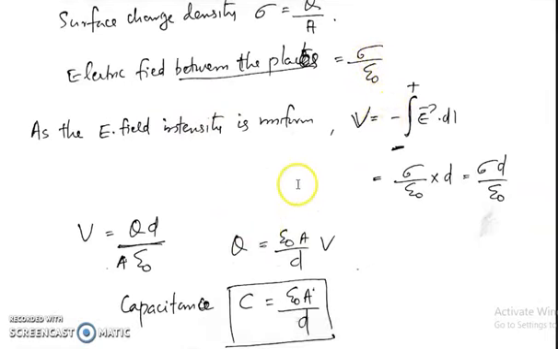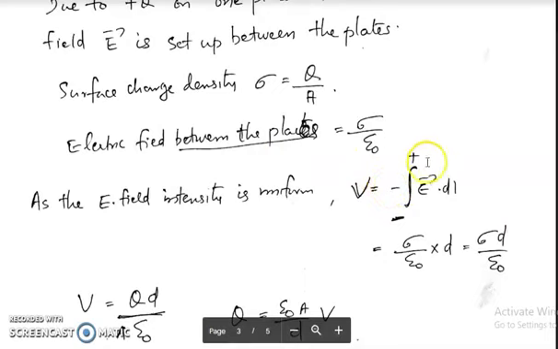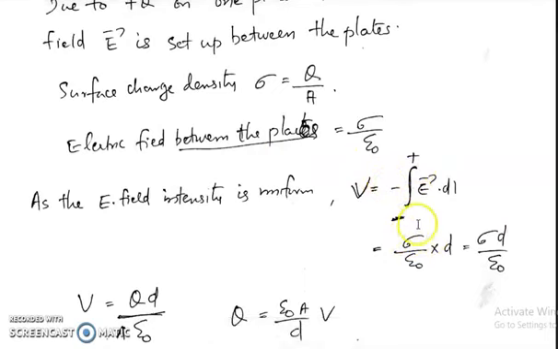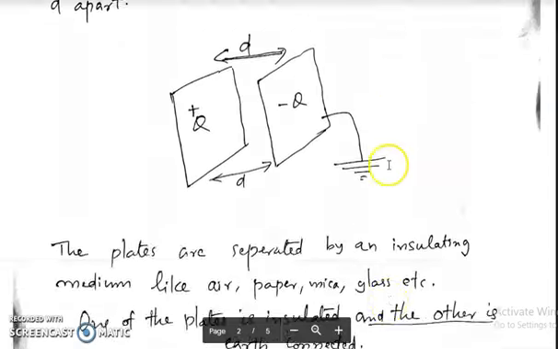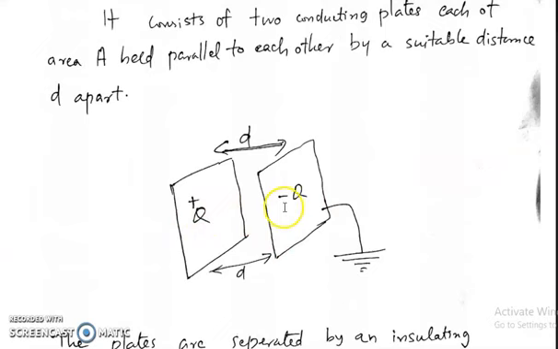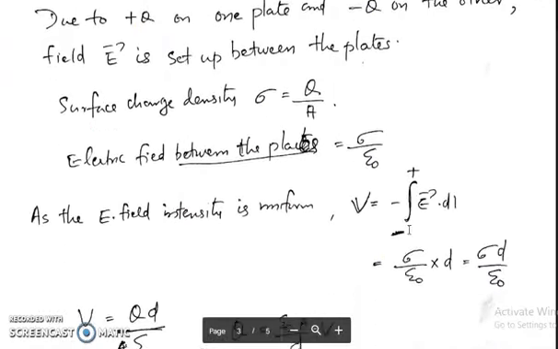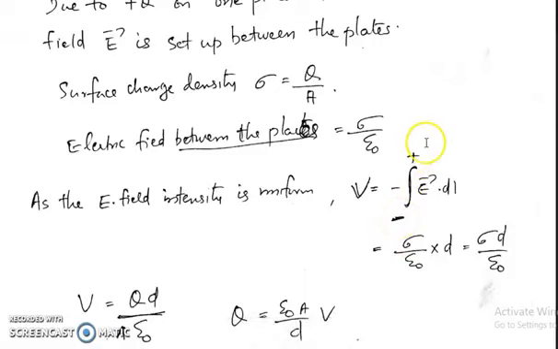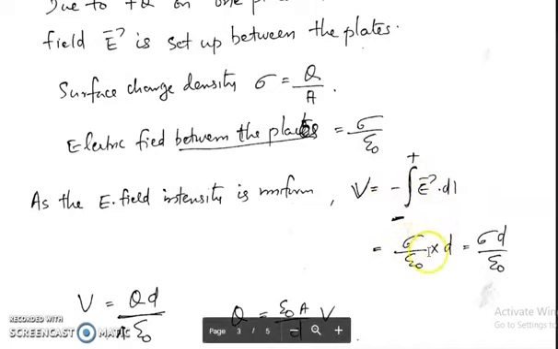So how do we find the potential difference between the two plates? By using our equation, minus the integral from minus to plus, that is from the negatively charged plate to the positively charged plate, of E dl. Since the electric field is constant, sigma by epsilon 0, directed from plus to minus, but here we are moving from the minus plate to the plus plate, against the electric field, the minus sign gets cancelled.